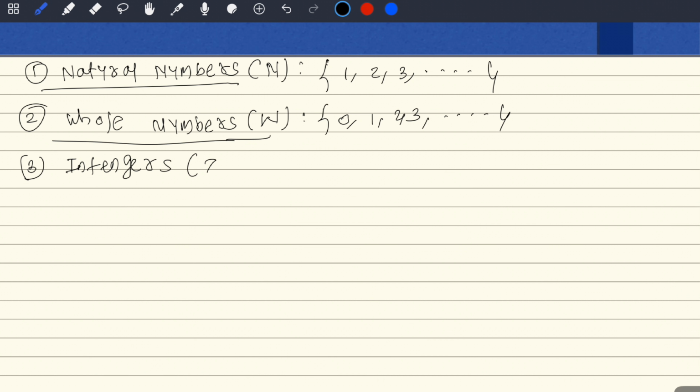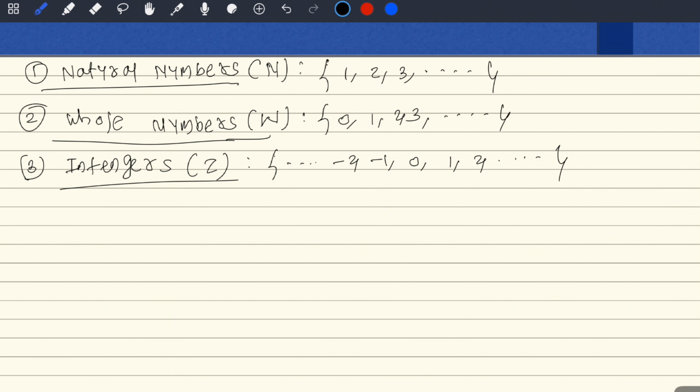What is the symbol we are using? Z. What are integers? These are 0 along with positive numbers and negative numbers. That is, dot dot dot, minus 2, minus 1, 0, 1, 2 and so on.